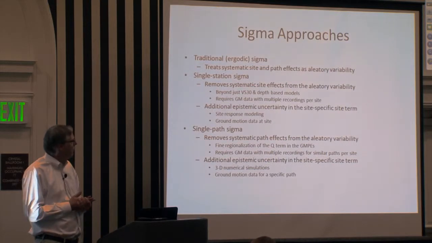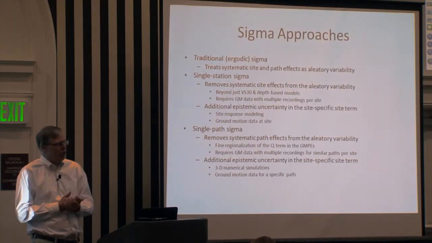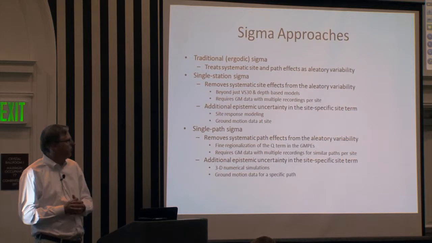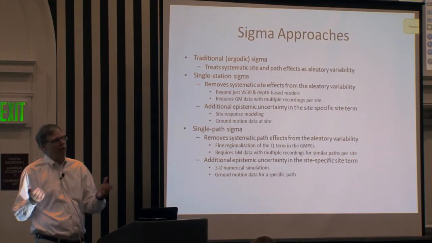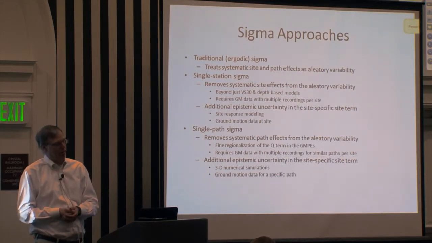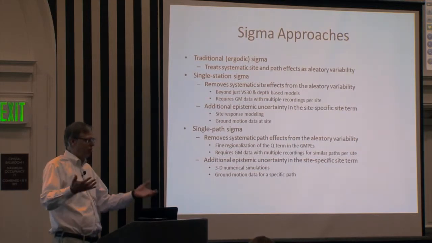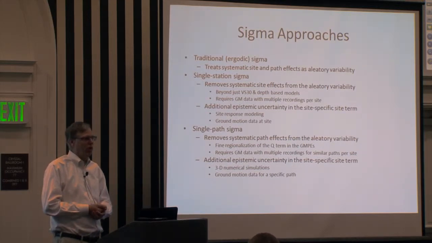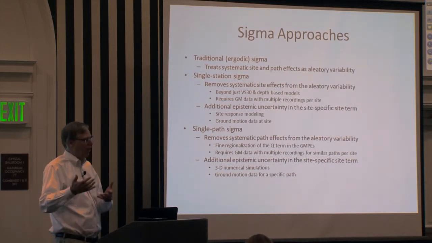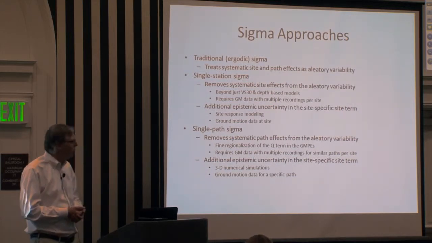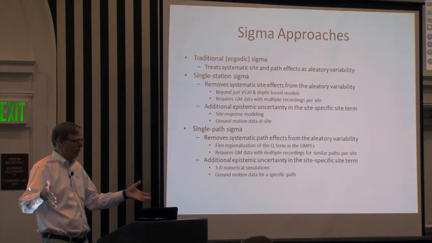The penalty for that approach, though, is that now we also have to consider the additional epistemic uncertainty that we have the right site factors. And that's going to depend on the amount of data you have. If you have 30 recordings, you may say, I really know that site factor well. If I have a small number of recordings, I need to then broaden that uncertainty.